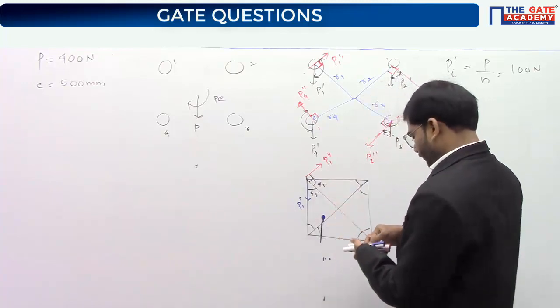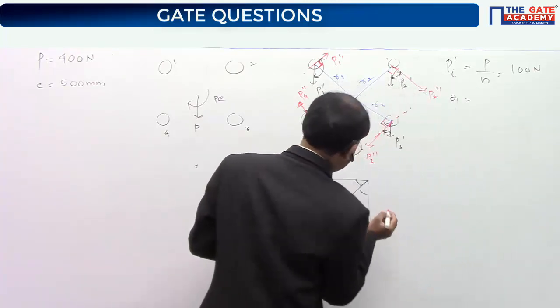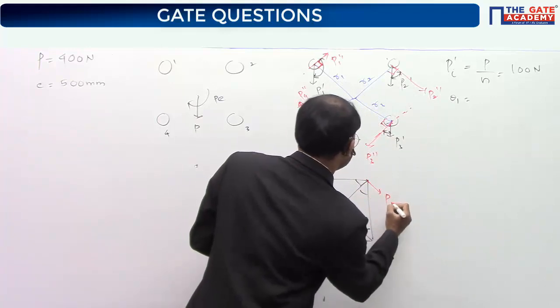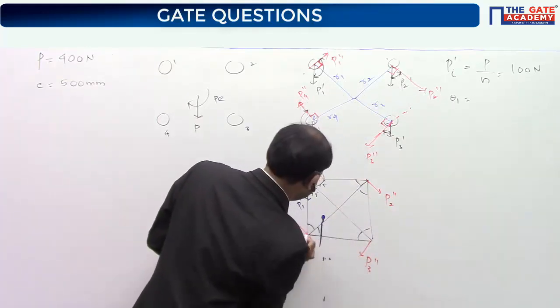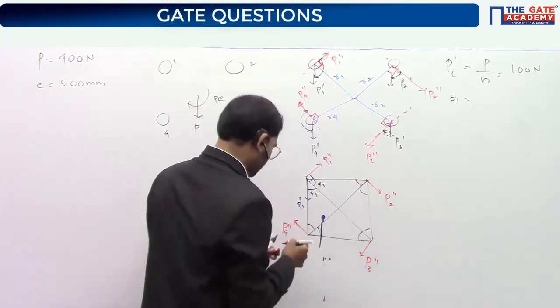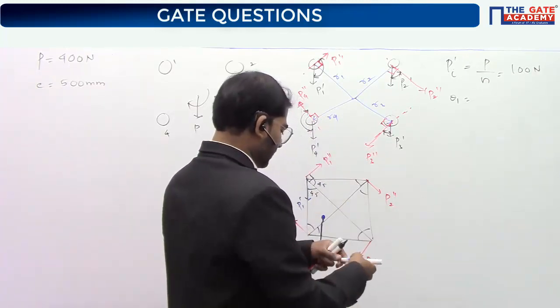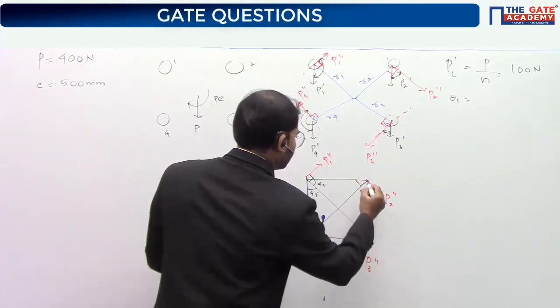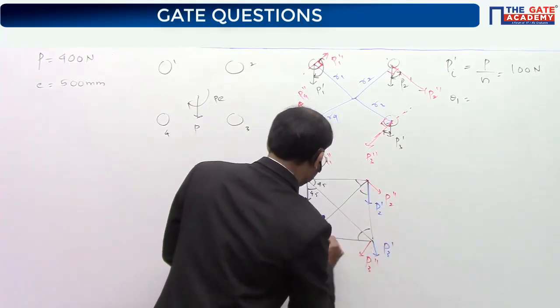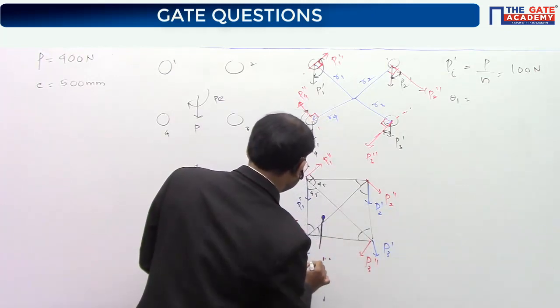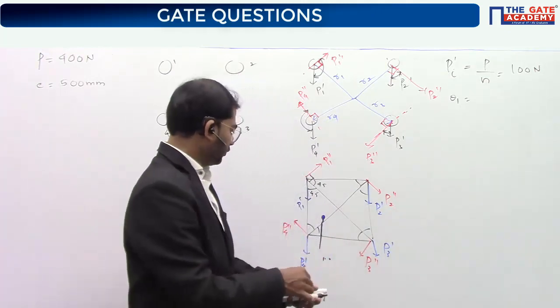So in this way we can easily say the directions. So P2 double dash, P3 double dash, P4 double dash, and if you take the primary forces, P2 dash, P3 dash, P4 dash.